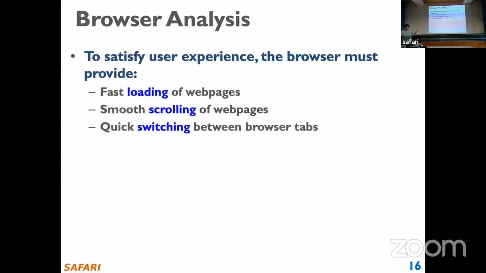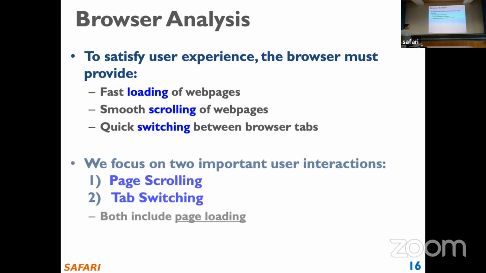In the analysis of the Chrome browser, we consider that first part, that is the loading of the web page, but also two other functions that are important for a satisfying user experience. One is the smooth scrolling of web pages, and the other one is quick switching between browser tabs. It's quite normal that in the browser we have multiple tabs open, and we may want to switch at some point from one tab to another tab, and maybe then a third tab, and so on, right?